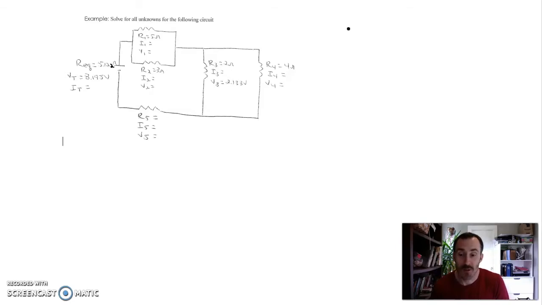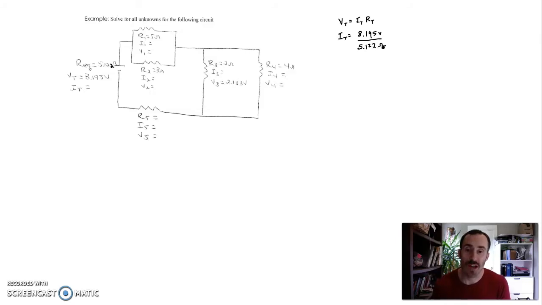So first of all, I'm going to solve for total current first. V T equals IT times RT. And I'm solving for current, so my current is going to be the voltage divided by the resistance. So that's 8.195 volts divided by 5.122 ohms.